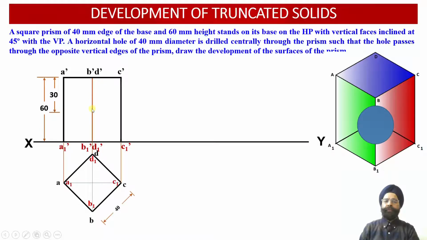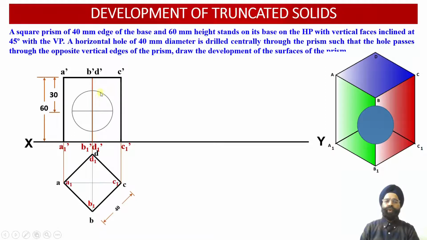So from the top face, we have marked the center point of the circular hole at a distance of 30 millimeter from the top face or 30 millimeter from the bottom face. Now we know that this hole is going to have a diameter equal to 40 millimeter. So with a radius of 20 millimeter from this center point, we have marked this hole, which we are going to obtain onto the front two faces and onto the rear two faces of the square prism.